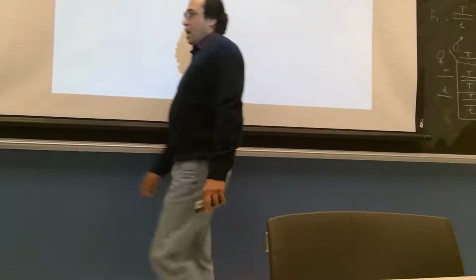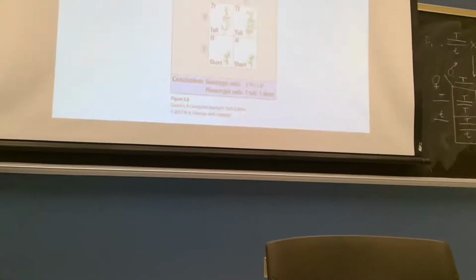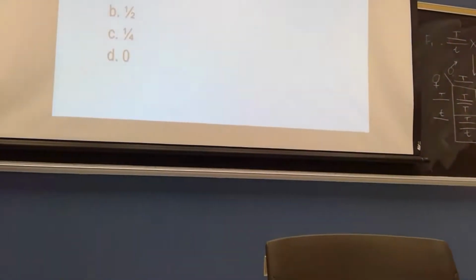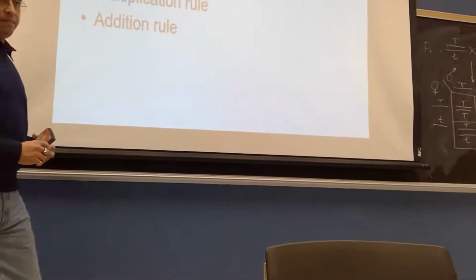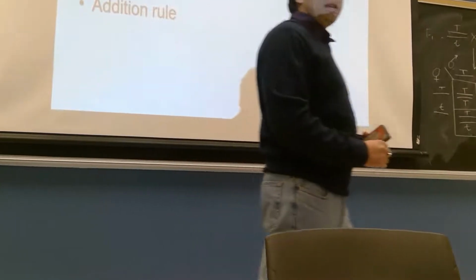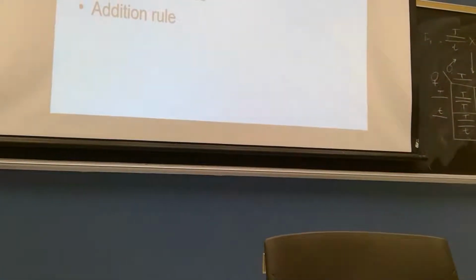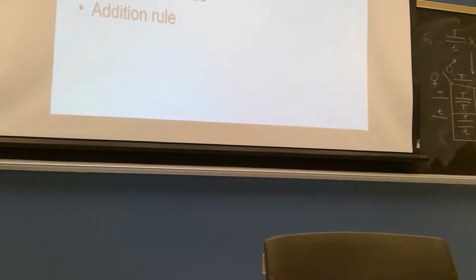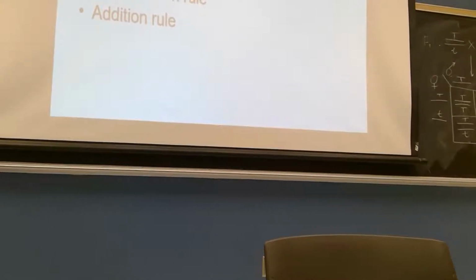Now, predicting the outcomes of a genetic process, one representation is the Punnett square. Another theory is called probability. A little bit of math and stats. What is probability? What does it mean?